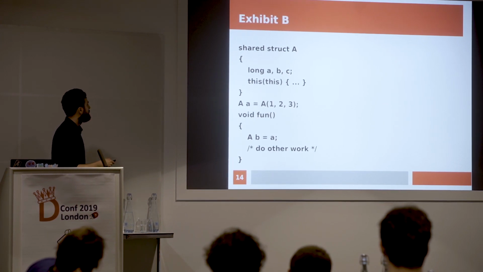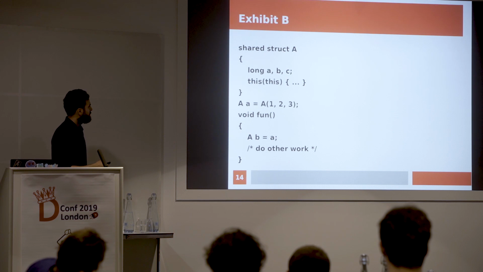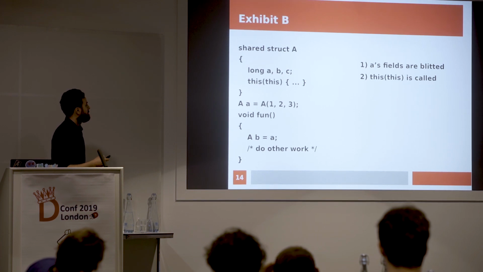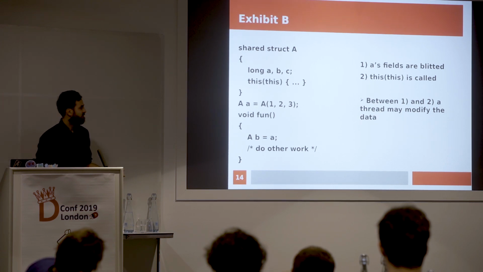I'm doing a global instance, and then I want to make a copy of it. Now, typically, what the compiler will do is blit A's fields into B, and then call the post-blit. Now, what happens if during the blitting phase, a thread comes and modifies the field?